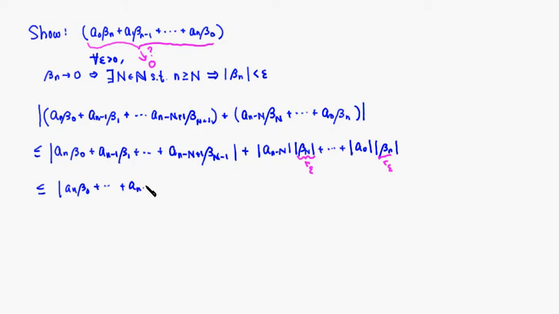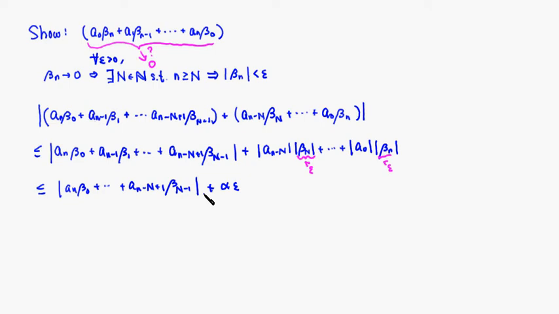Note that capital N is fixed, and this is going to be bounded by alpha times epsilon, because everyone has epsilon, and the sum of all these absolute values cannot exceed alpha. Alpha is the sum of the absolute values of a_n.